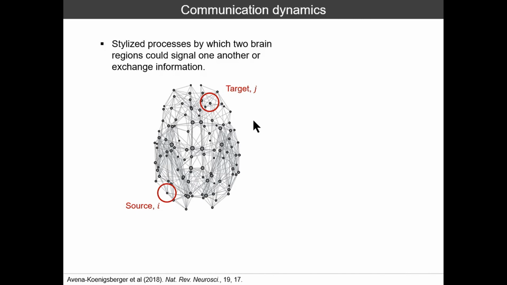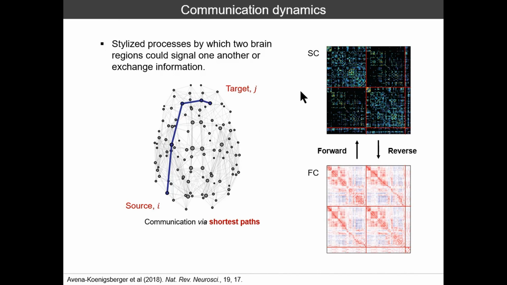How do they take advantage of this structure to pass signals, to pass messages? There are a lot of ways that we could imagine this happening. One, maybe they just communicate along shortest paths, the path through the network that involves the fewest number of steps. There's a nice network science feel to it, a nice graph theoretic feel to it. That is an example of a communication dynamics process from our perspective.